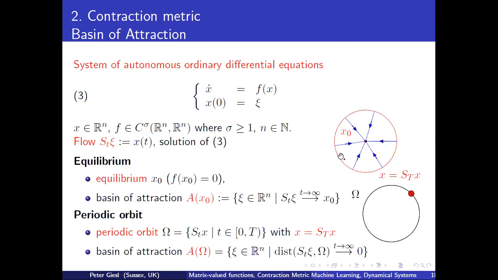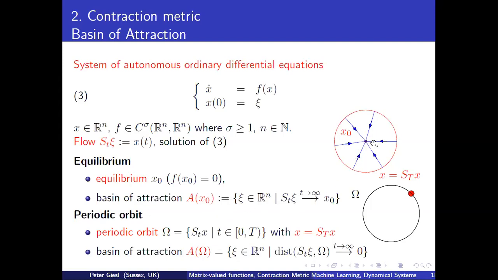So just to remind everyone about the definition of an equilibrium point, which is a point where the right-hand side is 0. And the basin of attraction of such a point would be all the starting points where the solution starting at psi would converge to the equilibrium point as time goes to infinity.